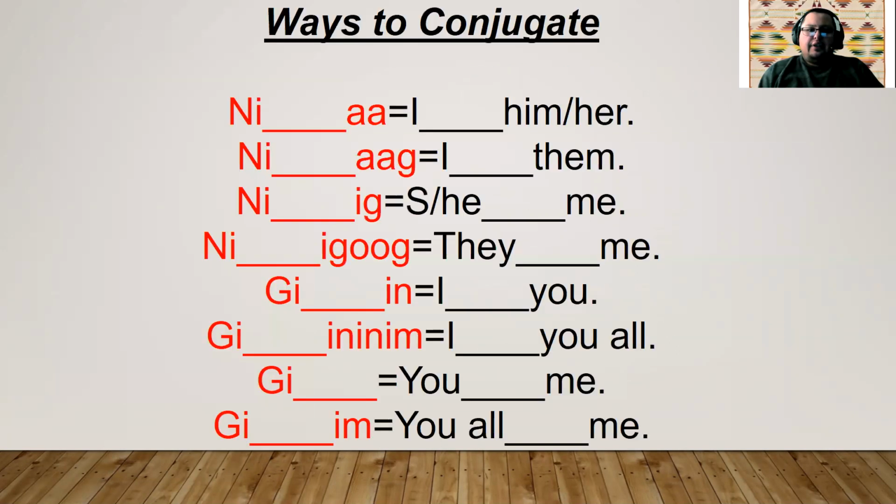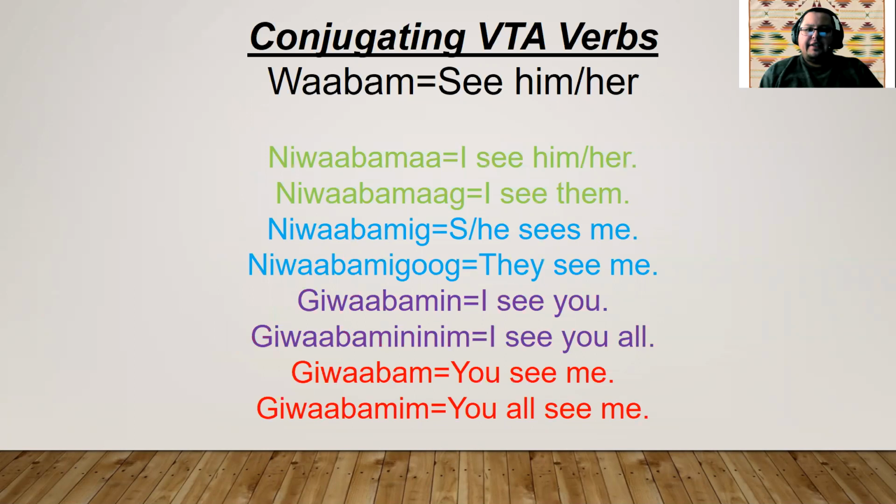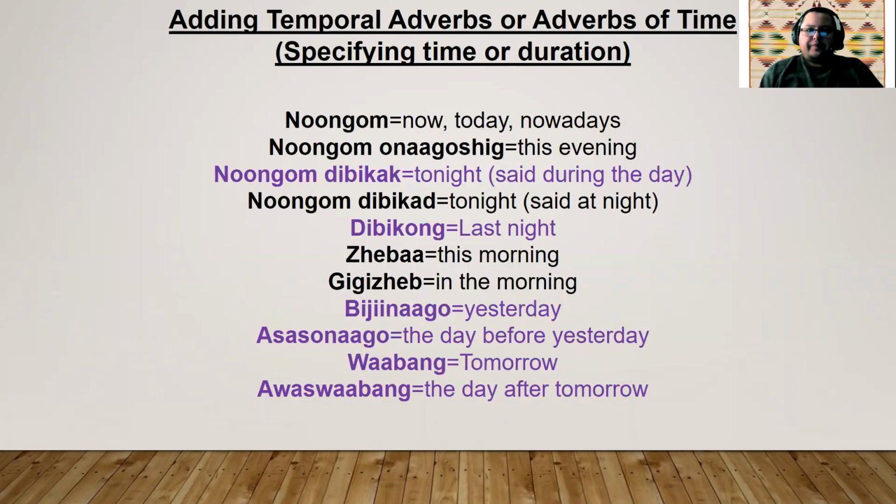So from lesson 19 we started conjugating words, and we started out with wabam, and we're going to continue on doing different words. But with wabam, we're focusing on different ways to conjugate. In lesson 19, we conjugated the word wabam into this group of wording right here.